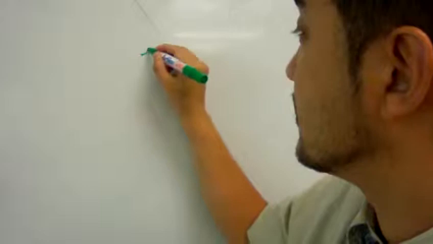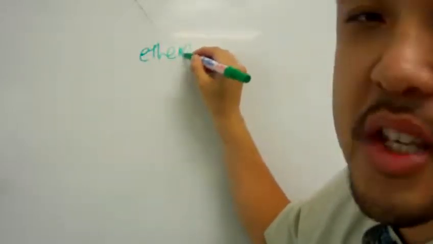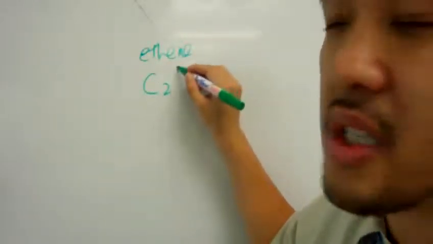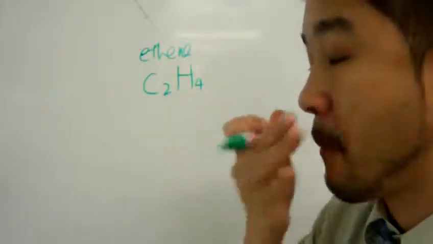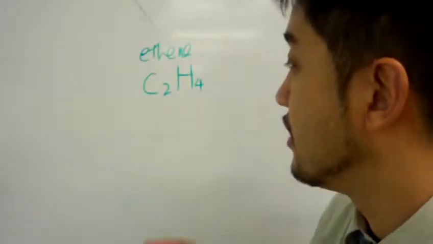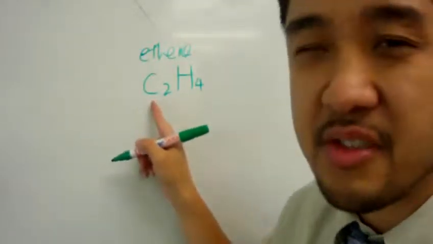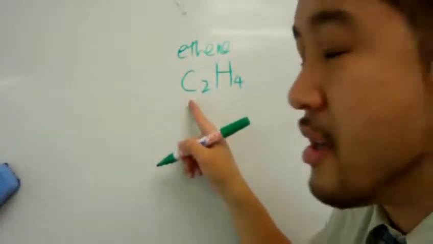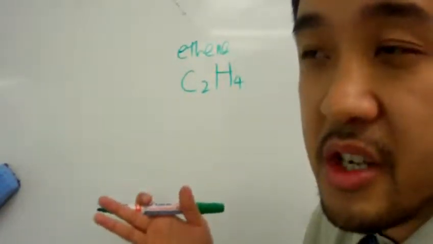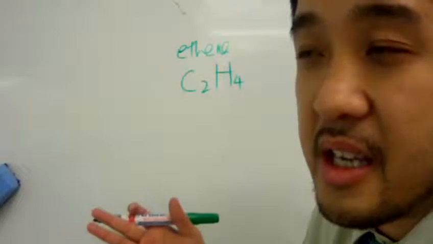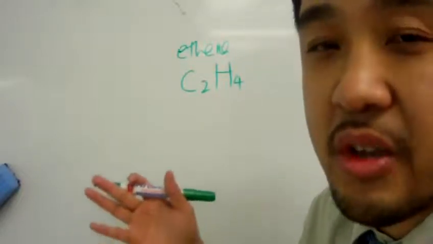Let's talk about an organic molecule called ethene. Ethene has a formula of C2H4. How are we going to do that? Since C is written up in front, you can understand that the carbons are going to be the central atoms.